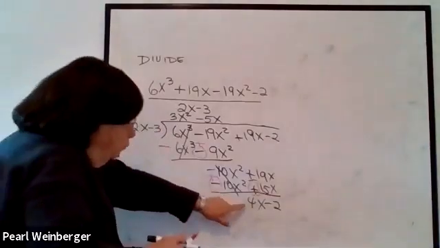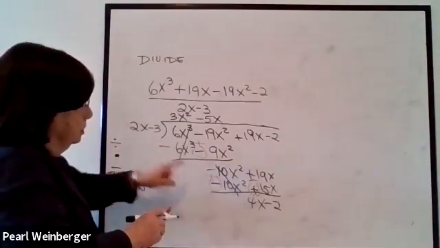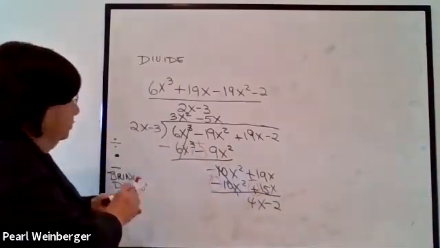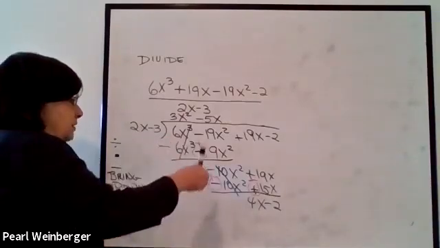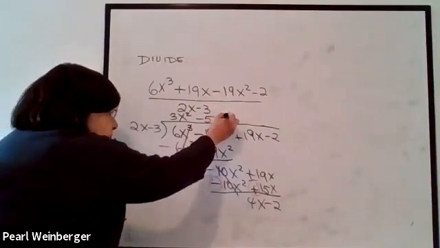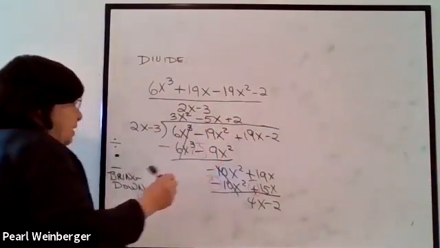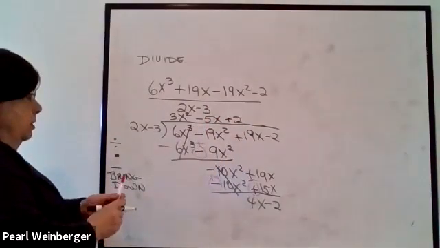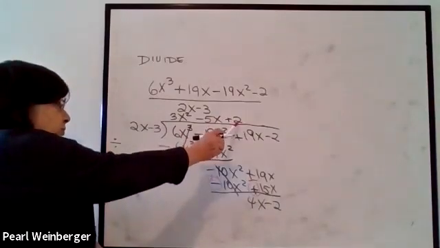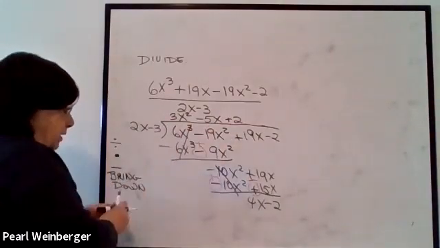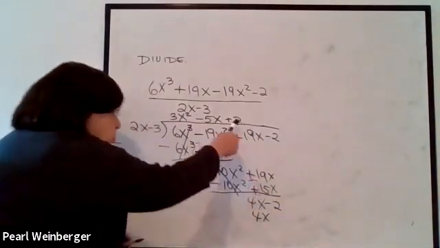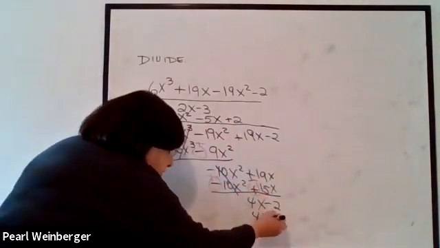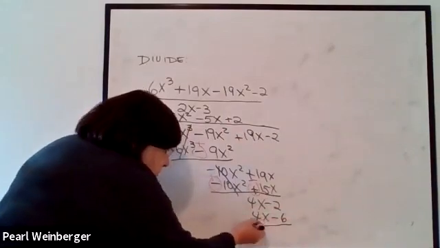2x into 4x. So the 2 into the 4 gives me 2. And the x's cancel out. So I get just a plus 2. Don't forget, x into x cancels out. So I take the 2 that I just put on top and multiply by it. 2 times 2x is 4x. 2 times negative 3 is negative 6.